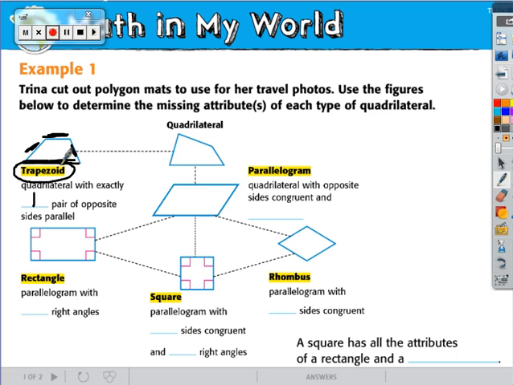If there is only one pair of sides that are parallel, it is automatically a trapezoid. If there are no parallel sides, it stays a quadrilateral. Now, if we have one pair, no pairs, what's next? Two pairs. So, a parallelogram is a quadrilateral with sides that are congruent and parallel.